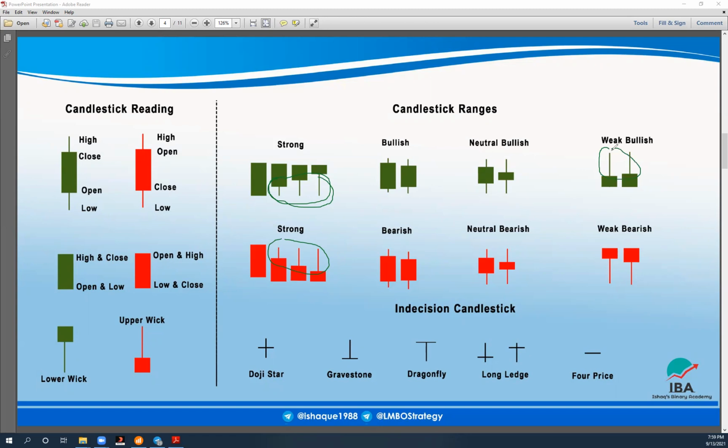And a lower wick in the red candle makes it weaker. So these two points will work for you every time.